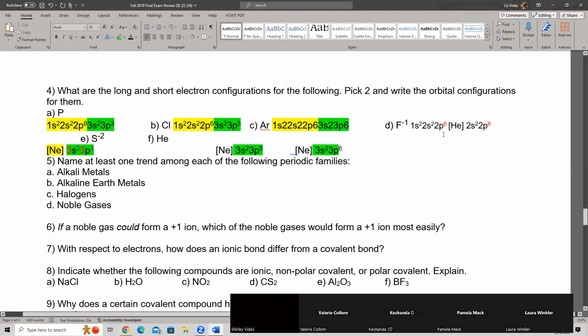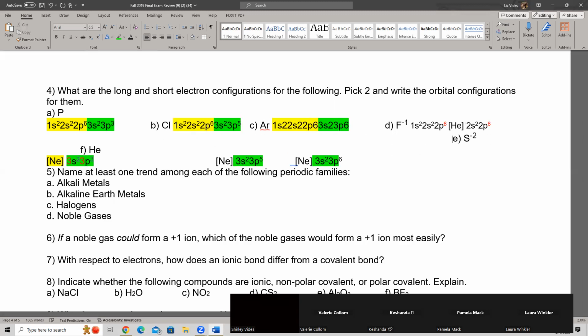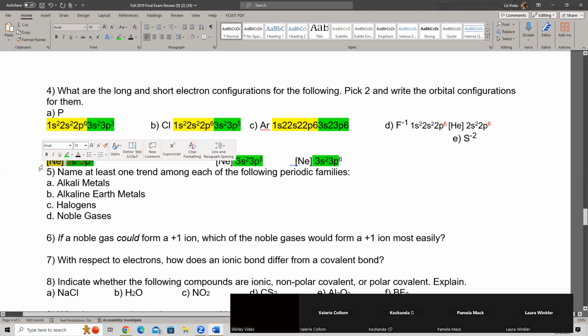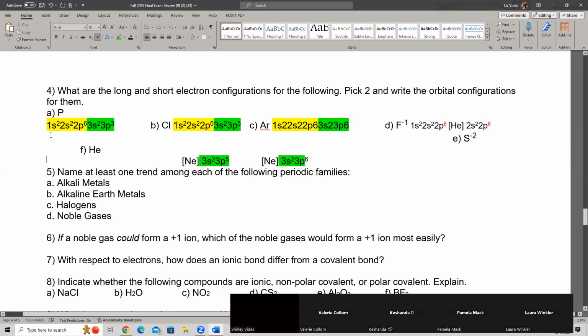All right, so sulfur -2, which is right here, in a very strange place. Let me just get these out of here. That's the problem, this guy is in the wrong place, so I can't keep going.